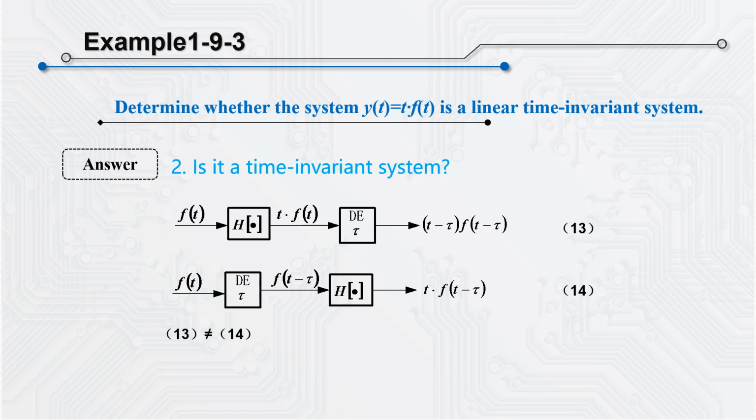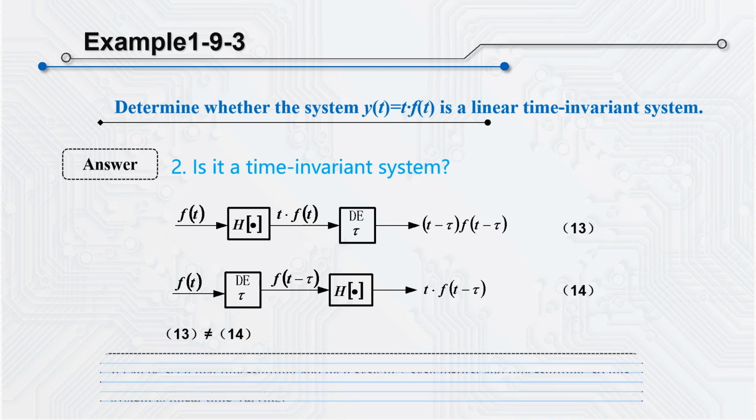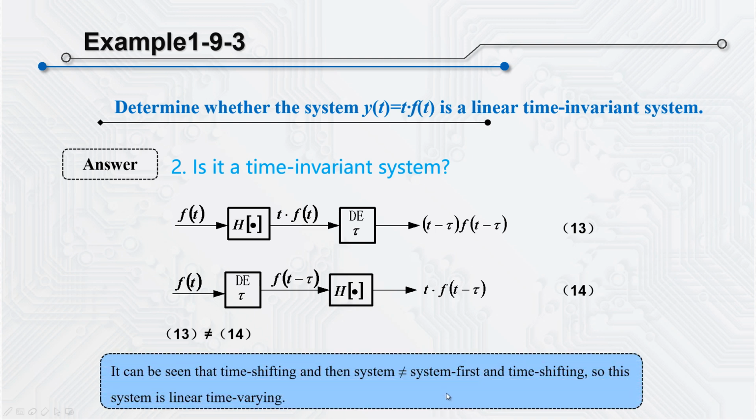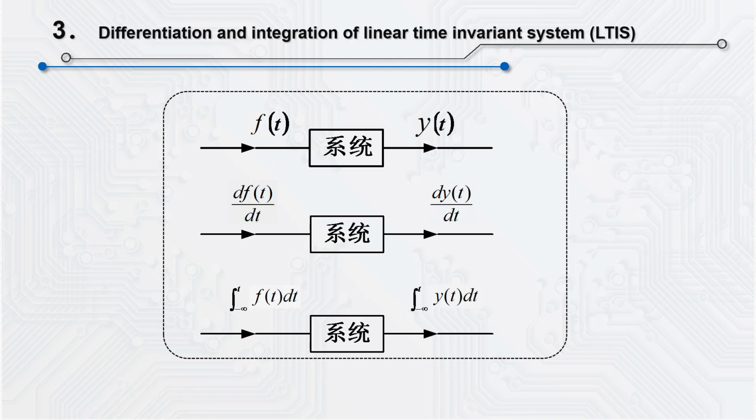Obviously, expression 13 is not equal to expression 14. That is to say, the result of time shifting first and then entering the system is not equal to that of entering the system first and then time shifting. So this system is a time-varying system. Therefore, the given system is a linear time-varying system.